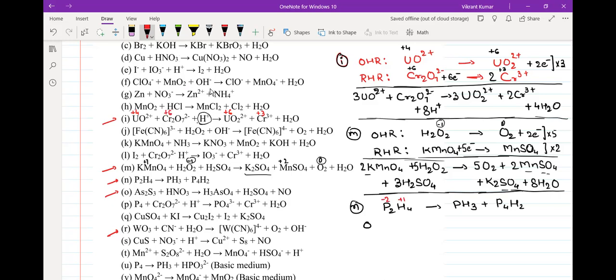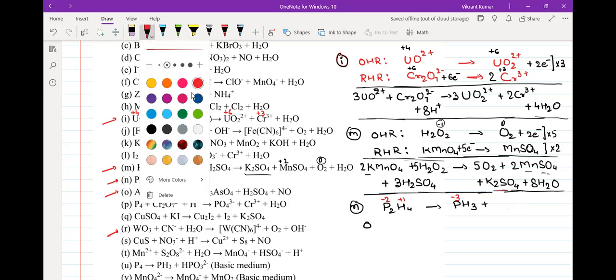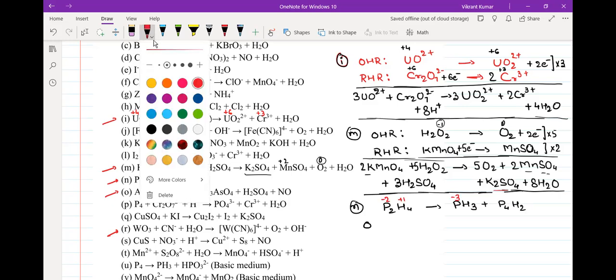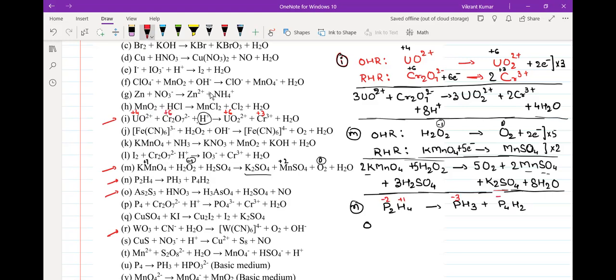Is it okay? In this case, it will be -3. In this case, it will be -2/4, which is -half. I'll just write it clearly. If I'm having P4H2, so P of P4H2, by considering H as +1, I'll take this one as -half.